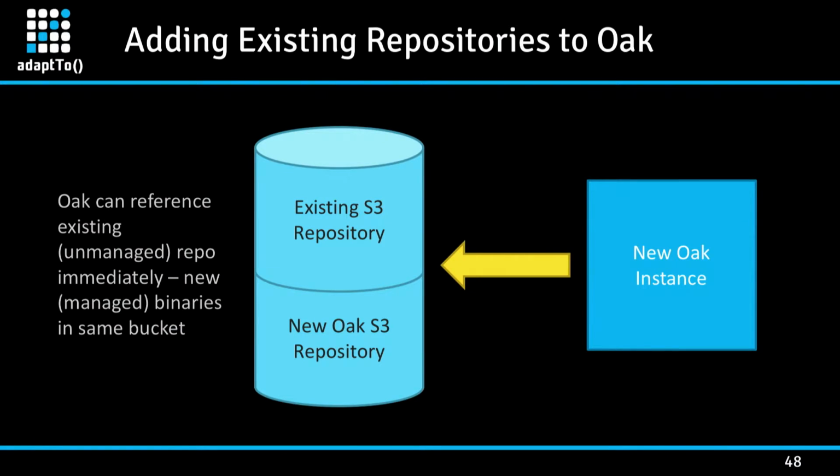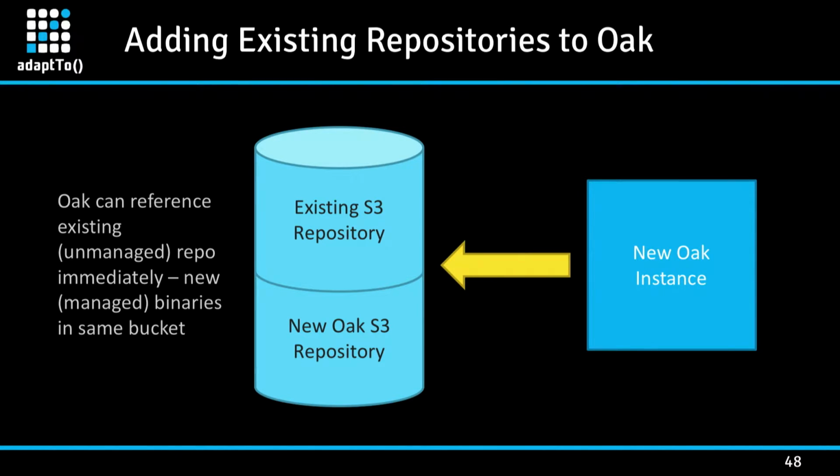Once that had happened, that would only take maybe a few minutes instead of hours or days or more, depending on your repository size. And once that had happened, this Oak instance would immediately be able to service requests for that entire repository. Now, it's true that they are all unmanaged, so that's the trade-off that you would have to make.